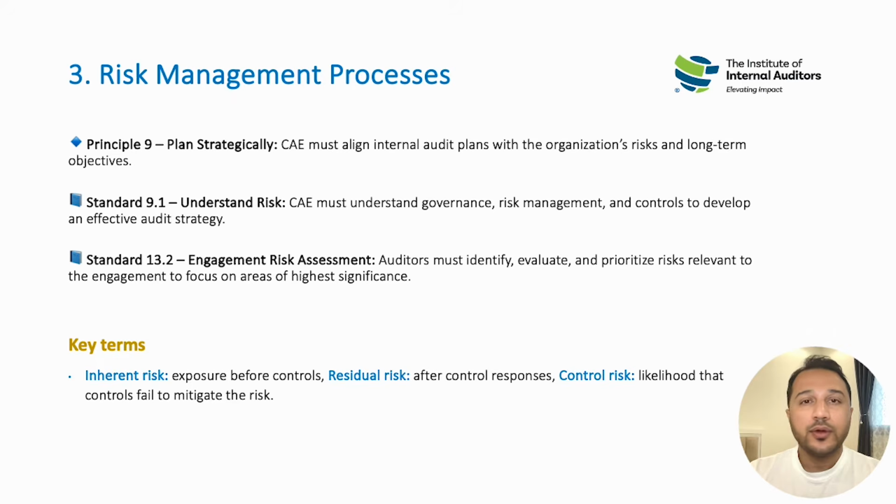So control risk is basically how effectively those risks are being mitigated by those controls in day-to-day activity. So these are the three terms which you need to understand, and this is very core to our audit activity, because when we carry out our audit engagement, we look into each activity from these three perspectives.